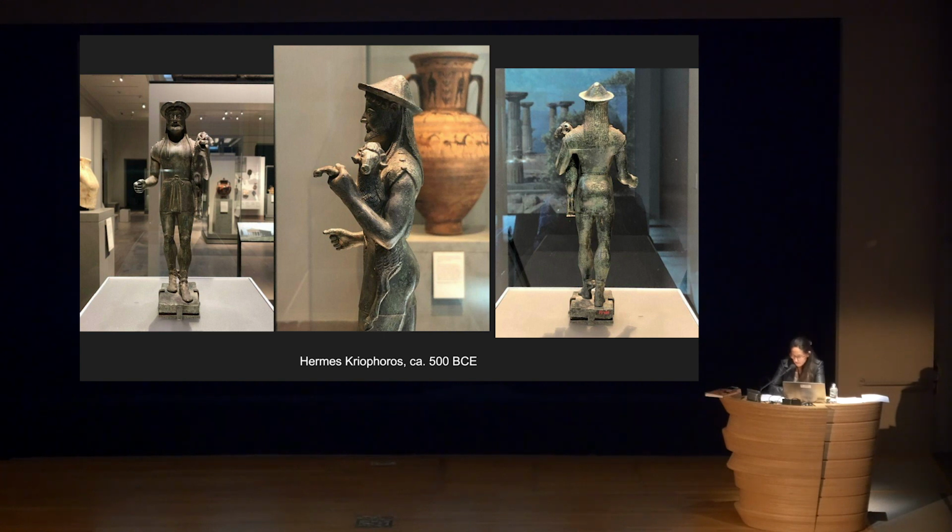I encourage you to go look at it, because it really is, the date is about 500 BC, and it really comes at this moment when, thanks to, I mean, this is a small bronze, but bronze casting techniques permitted the expansion of poses in large-scale sculpture.